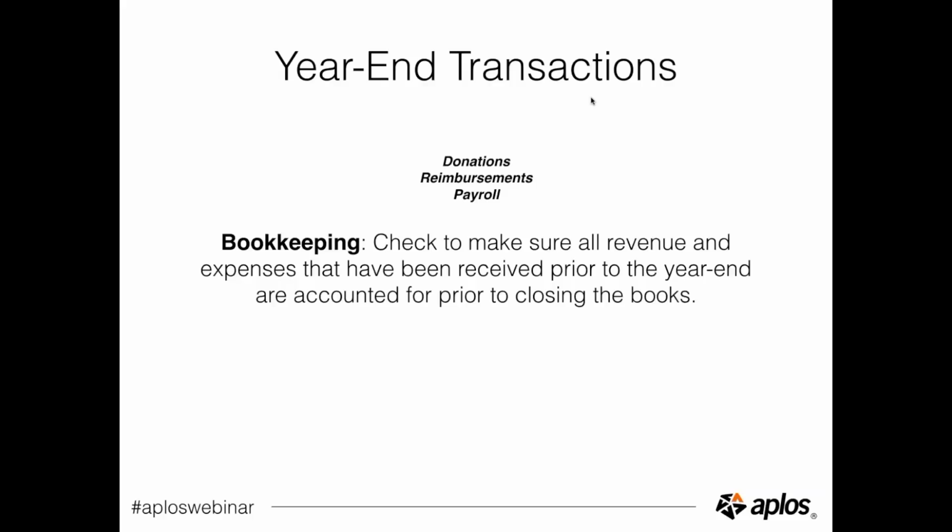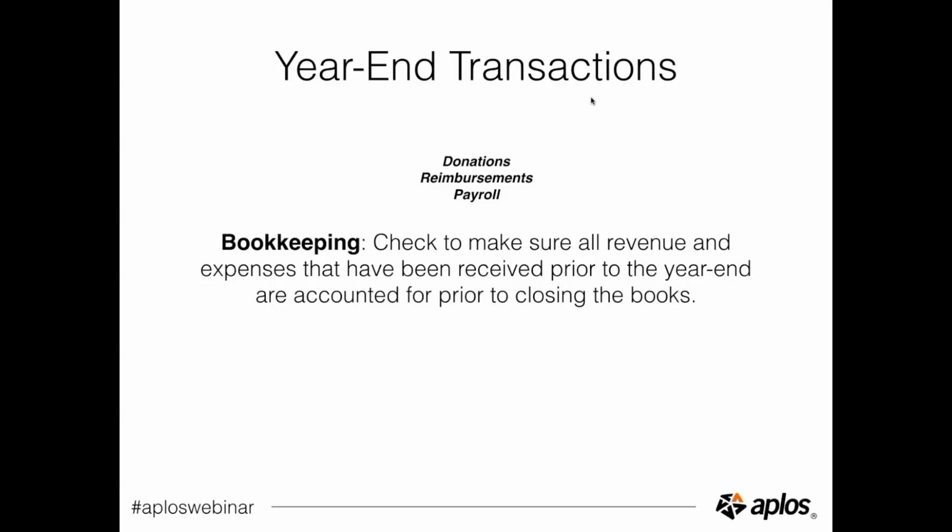You'll enter all of your contributions, all of your income, all of your expenses for the 2016 year, and then you do what's called closing the books, which involves zeroing out your income and expense accounts to wrap everything up into equity and your fund balances at the end of the year. With software, that is not often needed.